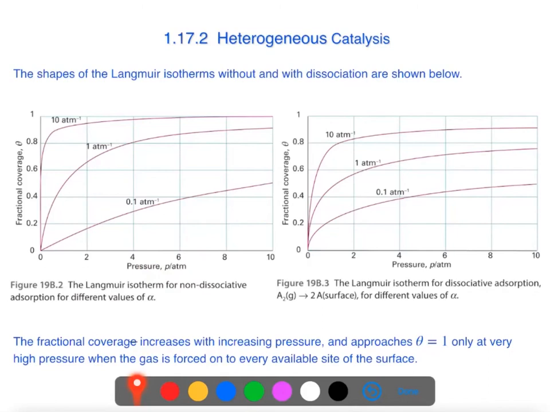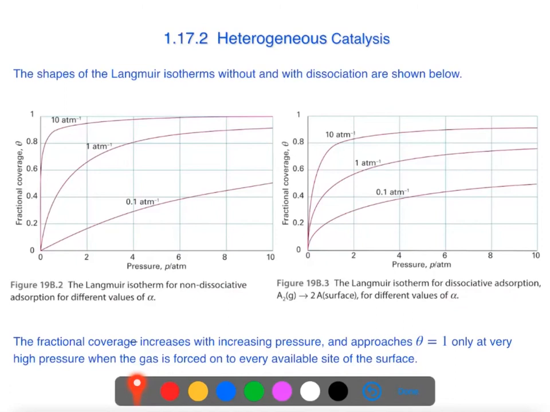So when we compare the Langmuir isotherms without dissociation, the non-dissociative adsorption, to that of isotherms with dissociation or the dissociative adsorption, we can clearly see how the fractional coverage differs at different pressures for the same equilibrium constant.